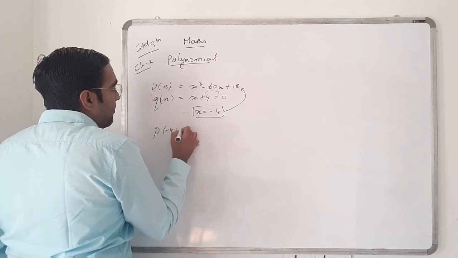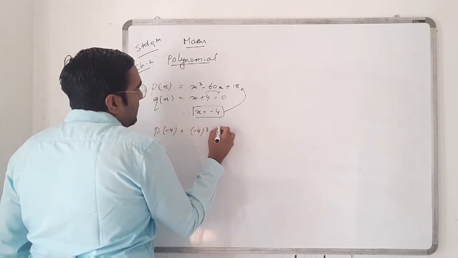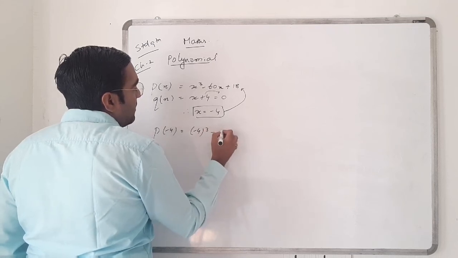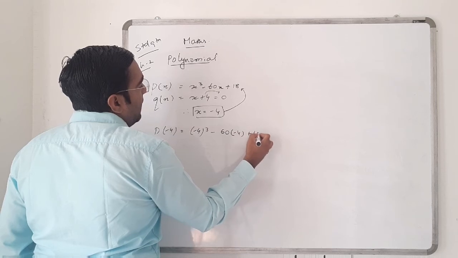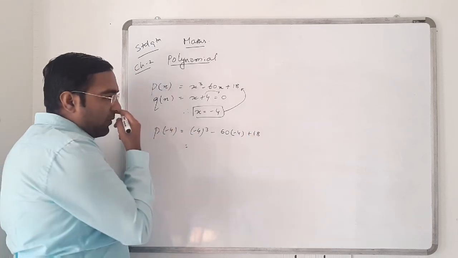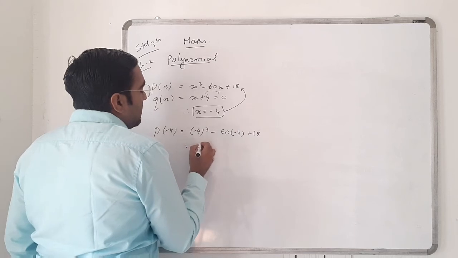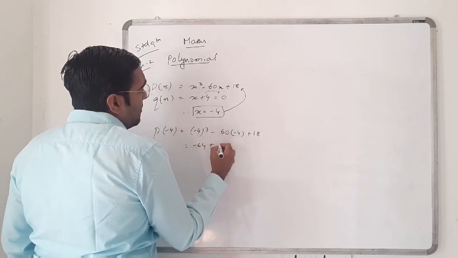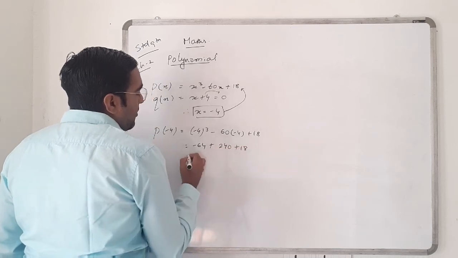So p of minus 4 is equal to minus 4 cube minus 60 into minus 4 plus 18. So 4 cube: 4 4s are 16, 16 4s are 64, so minus 64, then minus into minus gives plus, 6 4s are 24, so 240, plus 18.